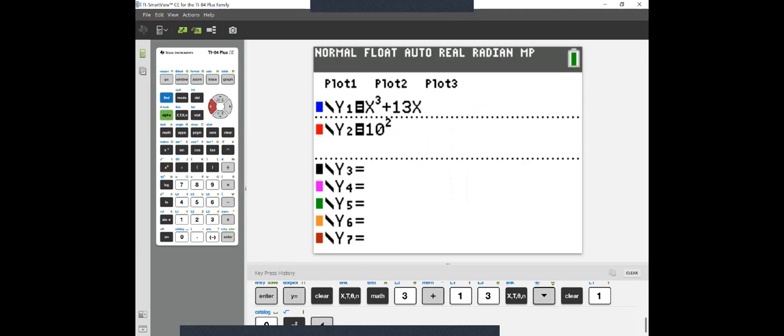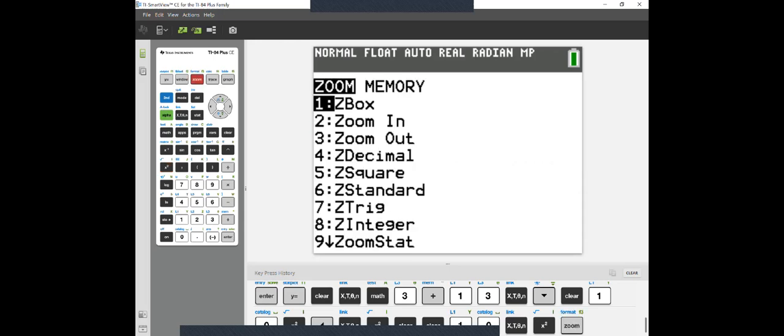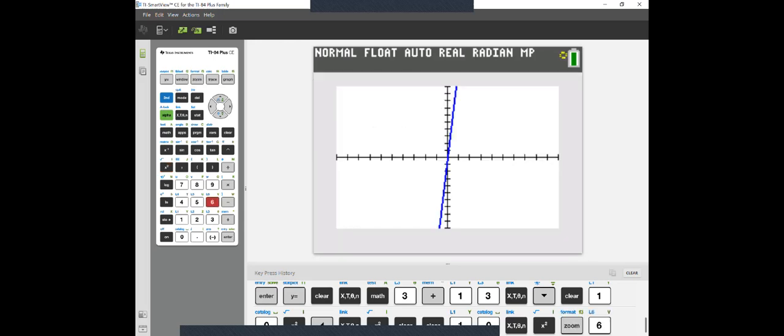Whoops. No. Let's try this again. 10x squared. There we go. And I'm going to switch back to my standard window. And that's where I would always start.